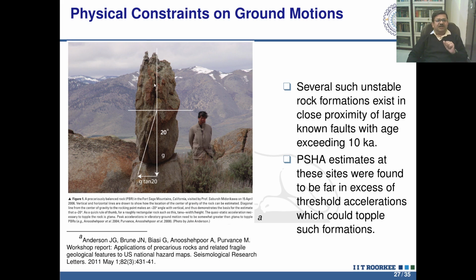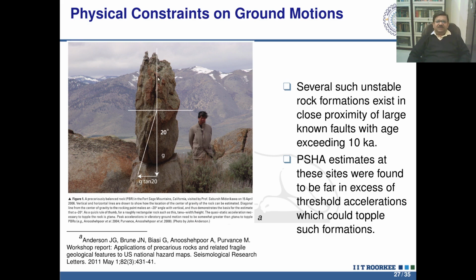Right? And you can work out the force required and divide by the mass of this block, and you can work out what equivalent horizontal acceleration will be required to topple this, based on the geometry and centroid, and it works out to be some value. I'll come to that.